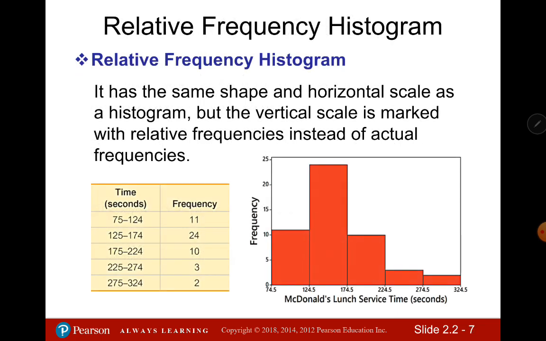Of course, we also mentioned the relative frequency table in the last section, and we can also use the relative frequency table to draw the relative frequency histogram, but the shape will be exactly the same. We just use the relative frequency to replace the actual frequency, but the shape will not change.